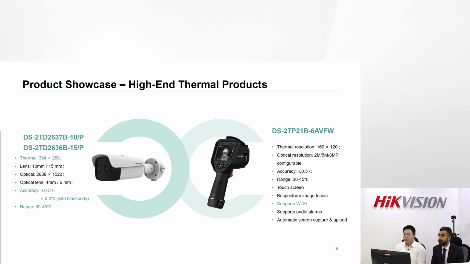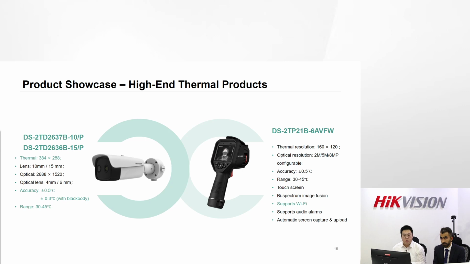And we also have the handheld thermal camera, model 2TP21B. The thermal resolution of this model can reach 160 by 120, and it has a configurable optical resolution of 2 megapixel, 5 megapixel or 8 megapixels.